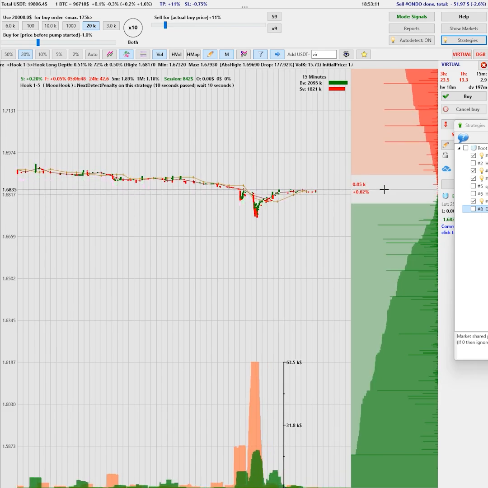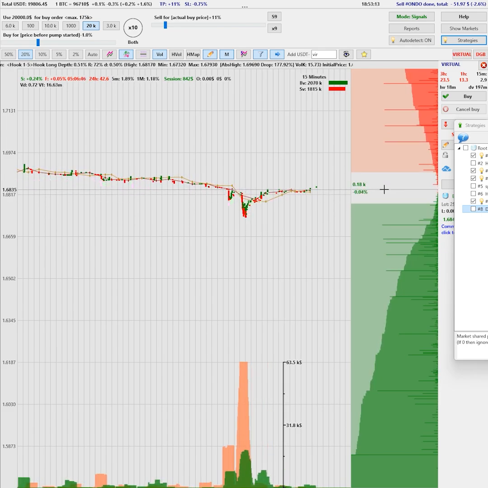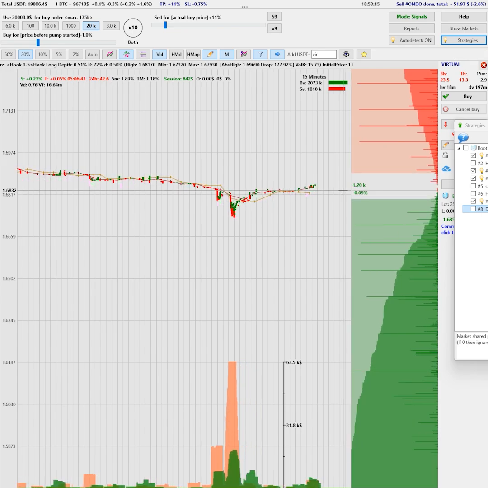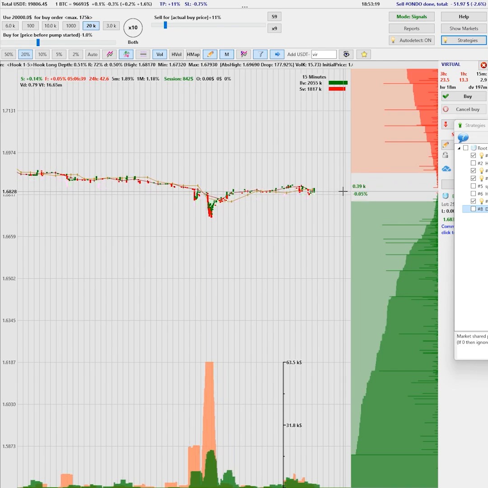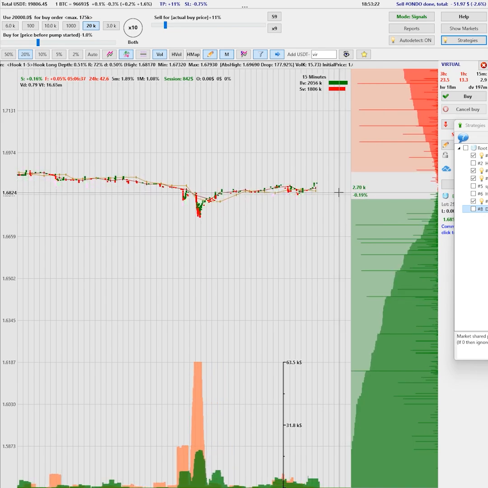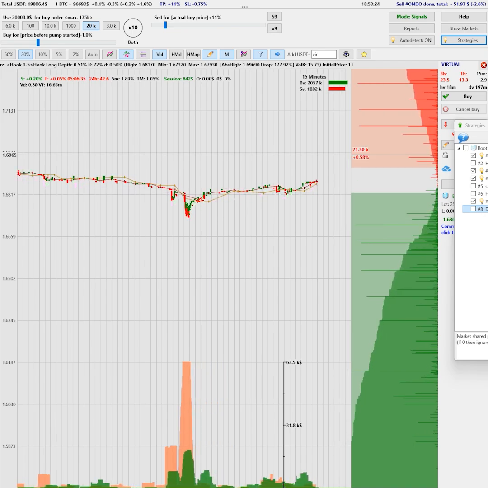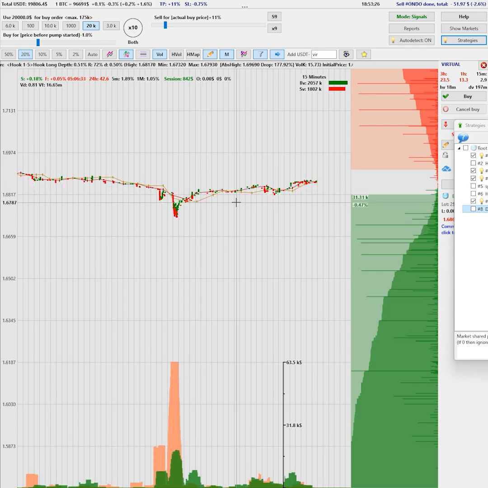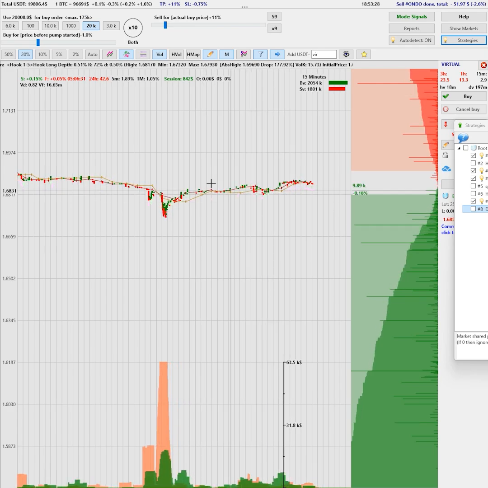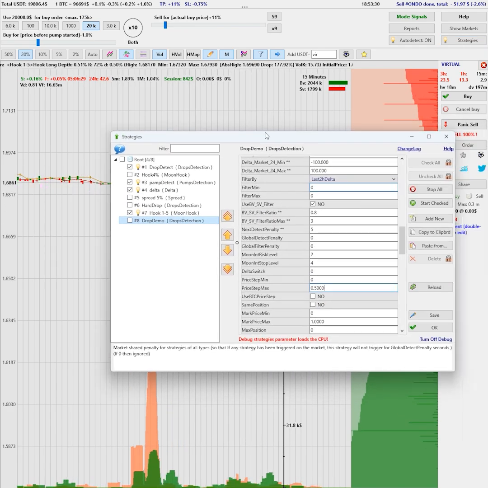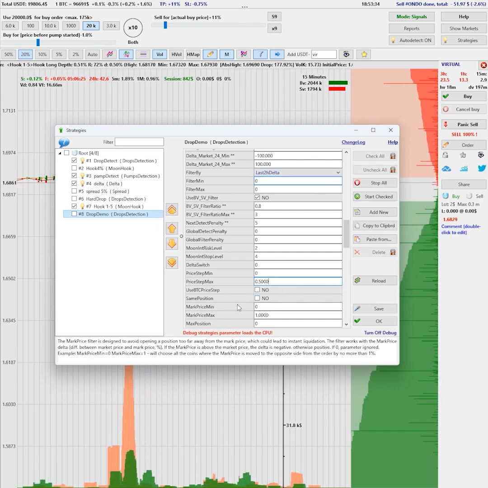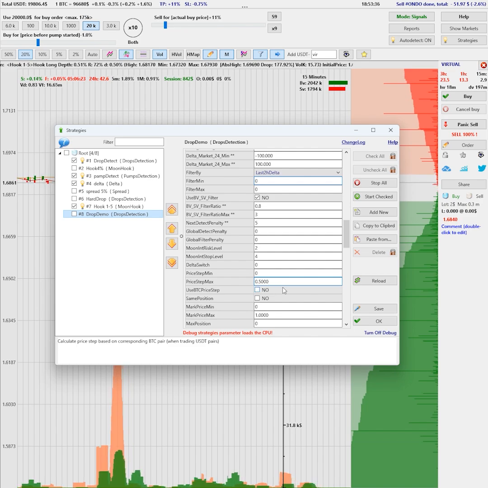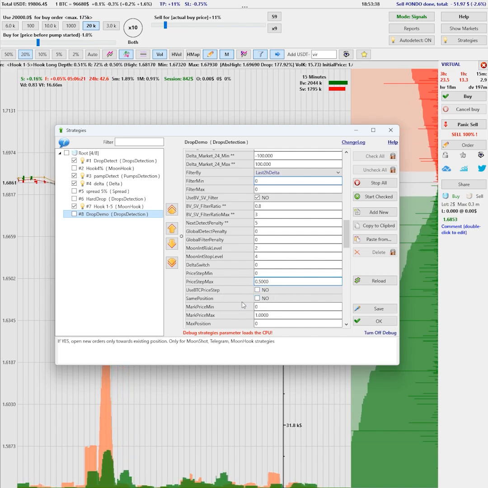Some coins will not let you place orders with, as you see in here, 4 decimal points. Some coins will have only 1 decimal point, or only 2, and that will create these kinds of steps because it's not as smooth. Doesn't matter, leave it as stock. BTC price step doesn't matter either.